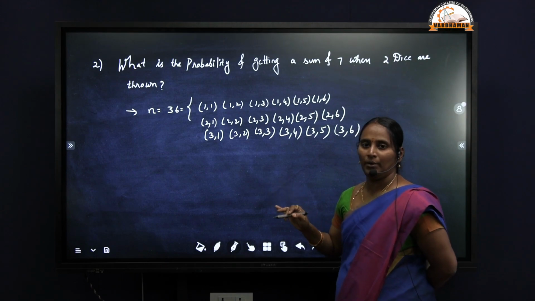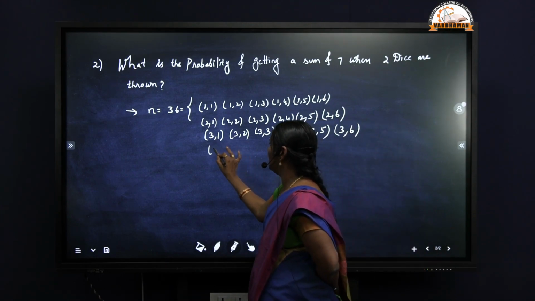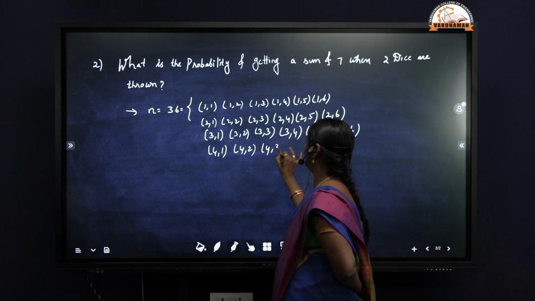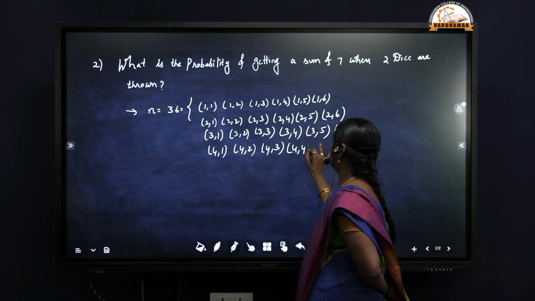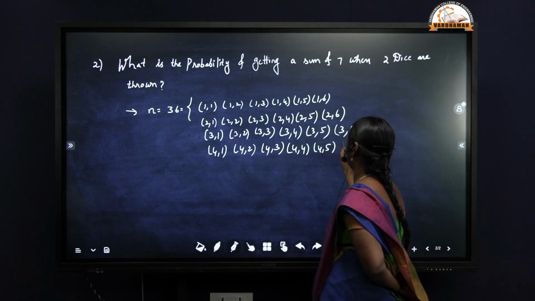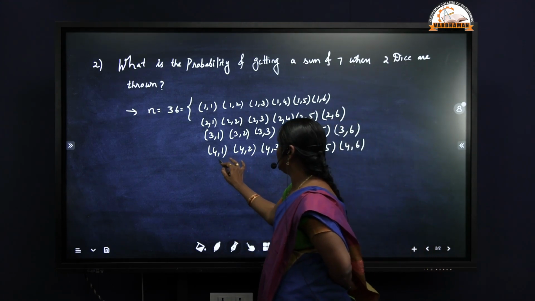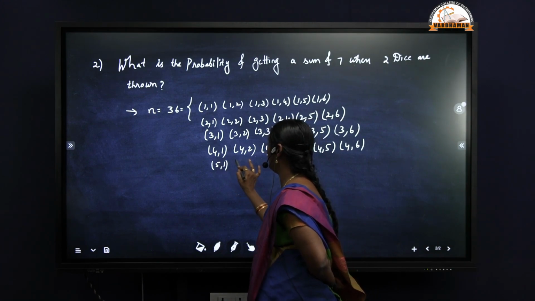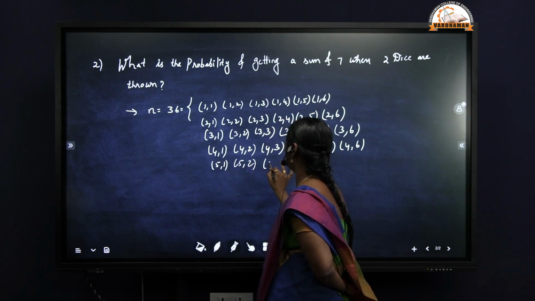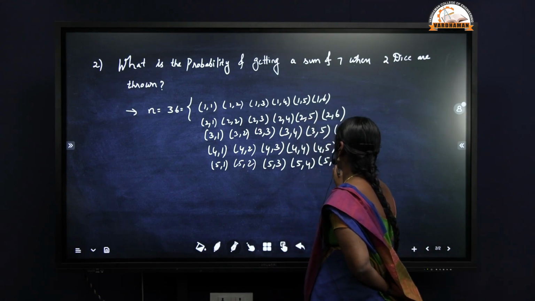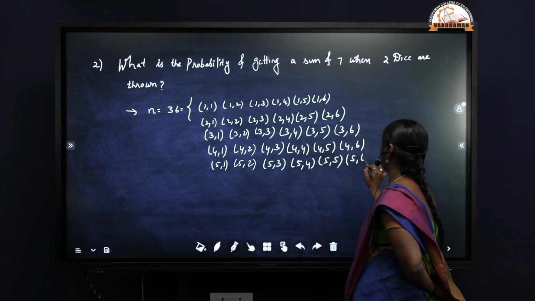Now the element 4: 4 1, 4 2, 4 3, 4 4, 4 5, 4 6. Let us start with the element 5: 5 1, 5 2, 5 3, 5 4, 5 5, 5 6.